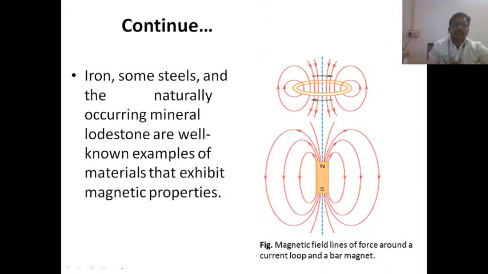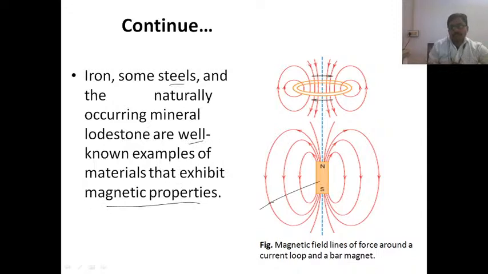Now how did this magnetic property develop, and how can we see that there is something called magnetism in a normal material? For example, lodestone. Some iron, some steels and some naturally occurring minerals such as lodestone are well-known examples that exhibit some magnetic property.